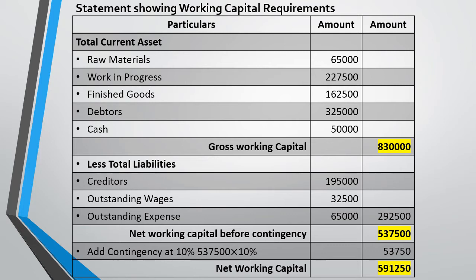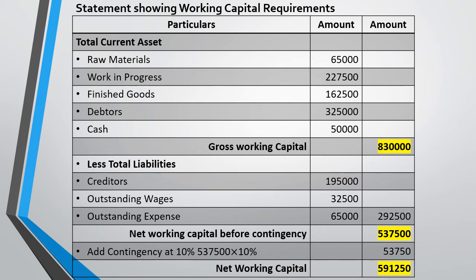So let's have a quick recap how this working capital statement is done. The first thing is you have to calculate the new level of output if it is given. Next it is you have to find out the total overheads. Third it is you have to find out the EBIT or operating profit. Fourth, you have to find out the cost of production.